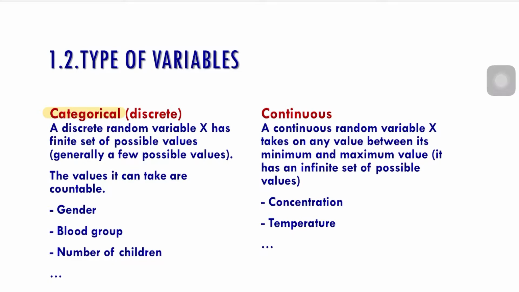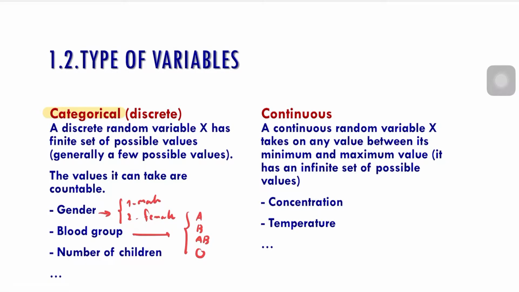For example, gender has a finite set of two values, male or female. Blood group can be A, B, AB, and O. Or the number of children in a family can be fixed.